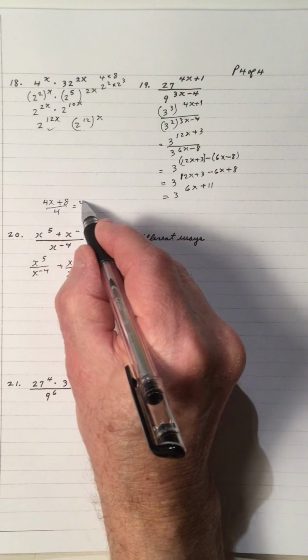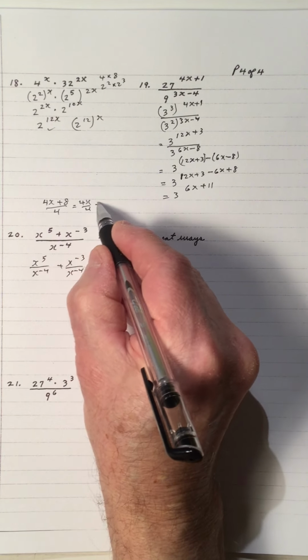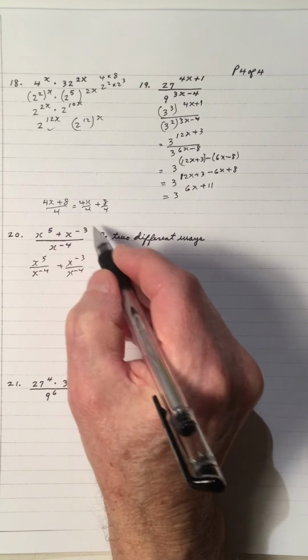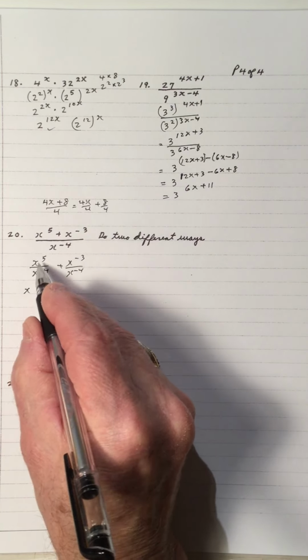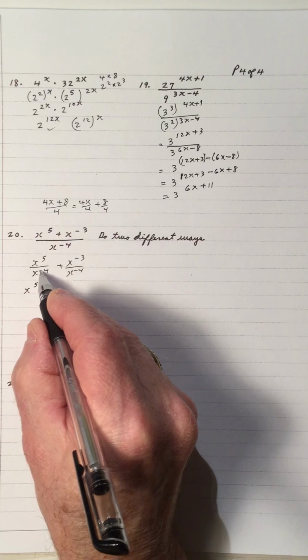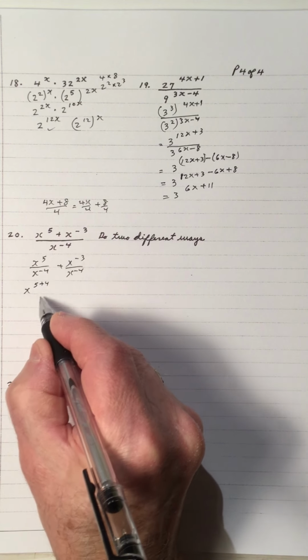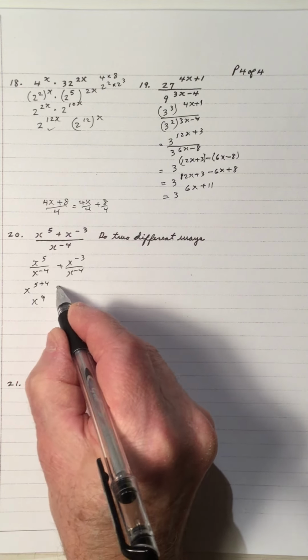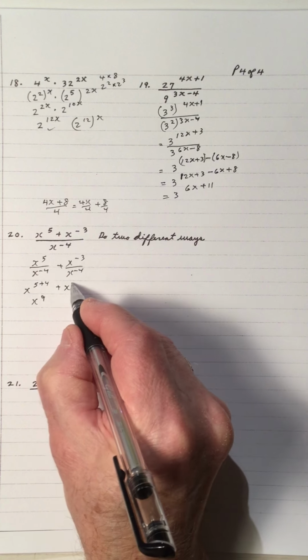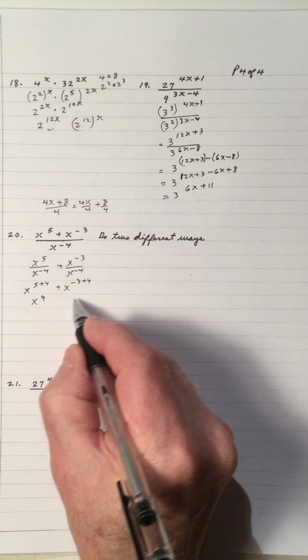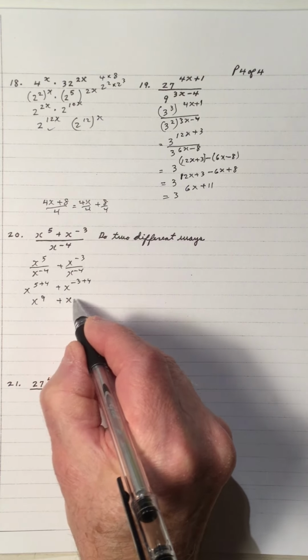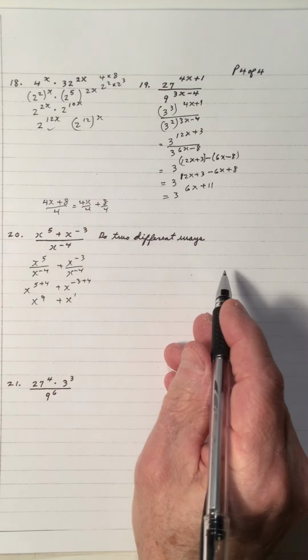So the 4 is divided into the 4x, and the 4 is divided into 8. So that's what I'm doing here. So this becomes x to the 5. You're subtracting, so that's a plus 4. That becomes x to the 9. X is the common base, so that's negative 3. You're subtracting, so you get a plus 4. So that's x to the 1, or just x.